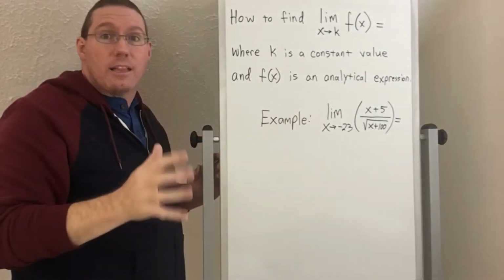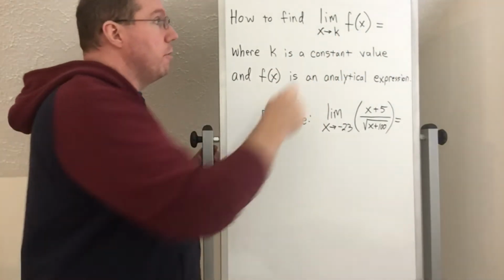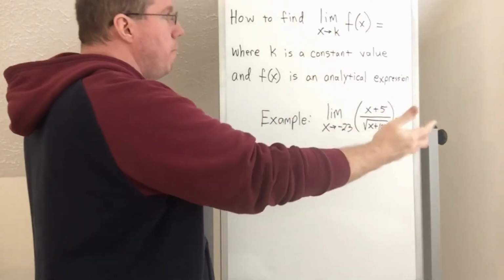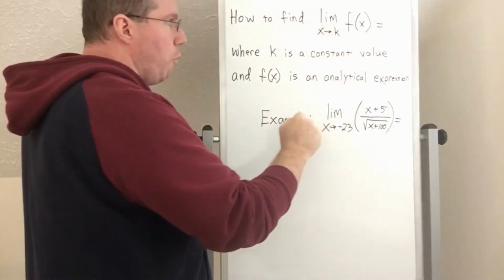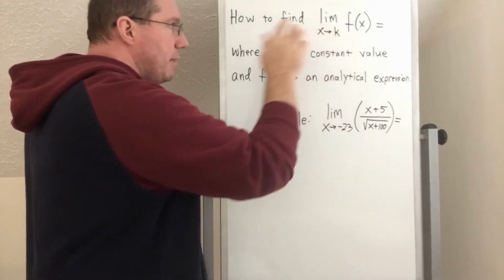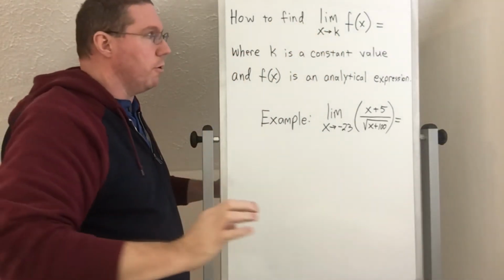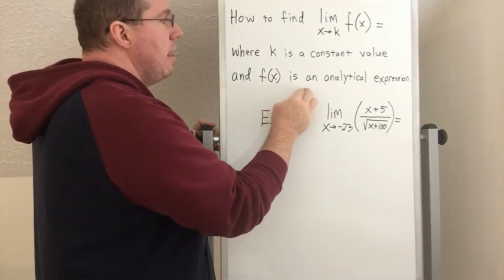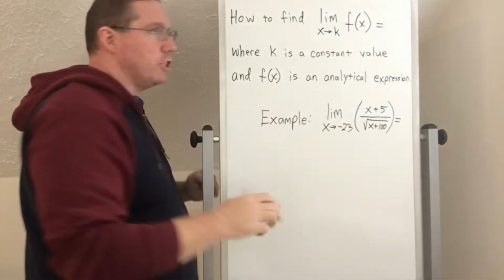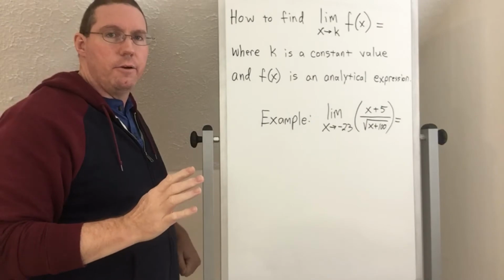This is exactly what we've been doing up until now. So it's x approaches some number. I'm creating a generic form of it by putting a k in, but that k can be any number. So k is a constant value, and f of x is an analytical expression. It has to be defined analytically, okay?